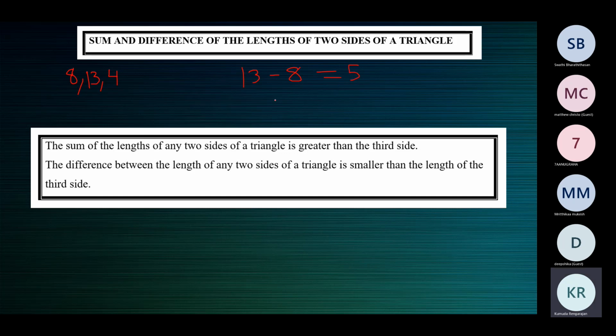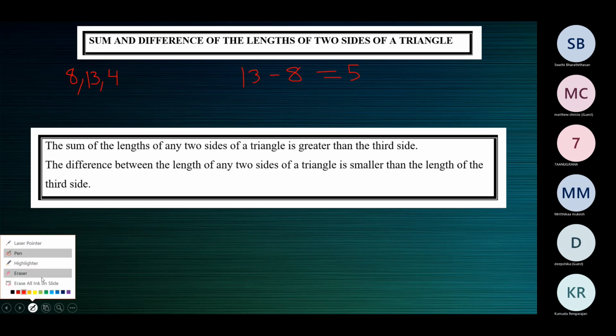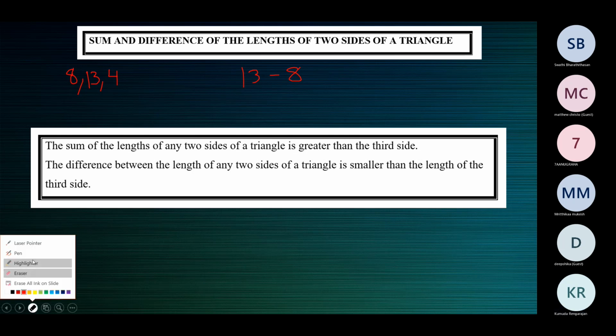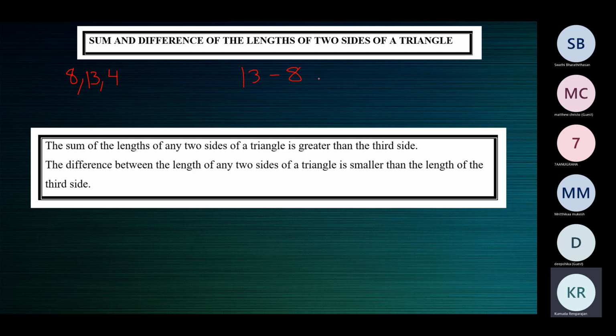And this answer 5 should be less than the length of the third side. The difference should always be less than the third side. So 13 minus 8 is 5, and 5 is greater than 4. What is the other one? 13 minus 4.